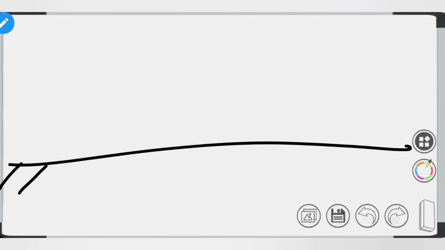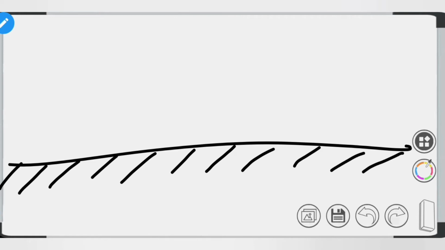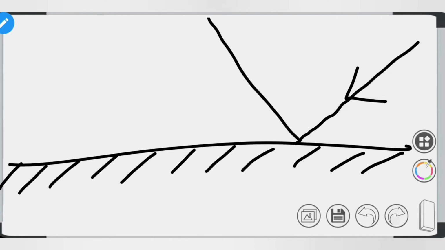Let's take a plane mirror for better understanding. Let's draw our reflecting surface. Now see, there is an incident ray going from right here, touching the mirror, and then the reflected ray is going there. Then let's draw the normal.